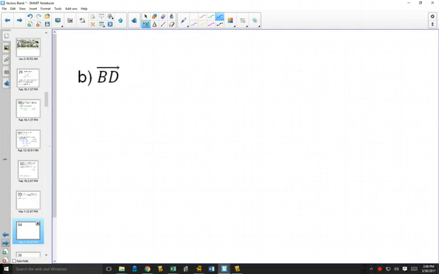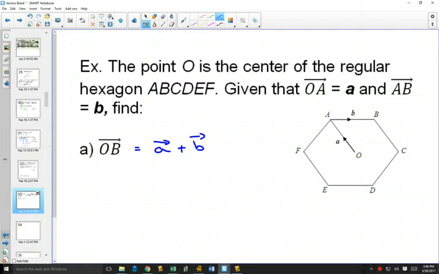Oh, I've got my diagram. No, I don't have my diagram. So B was B to D. If you wanted to go from B to D, start at B, end at D, well, you would have to go this way and then this way. That could be one way of doing it.